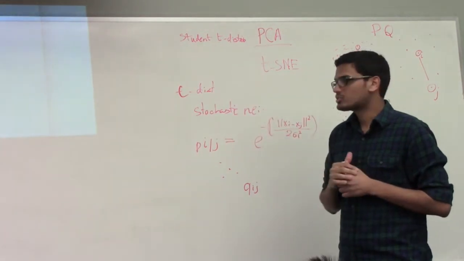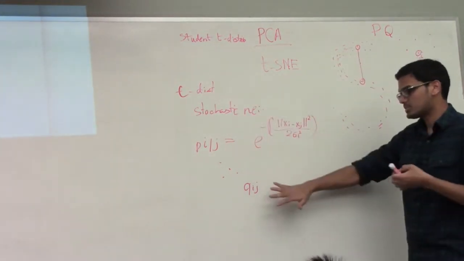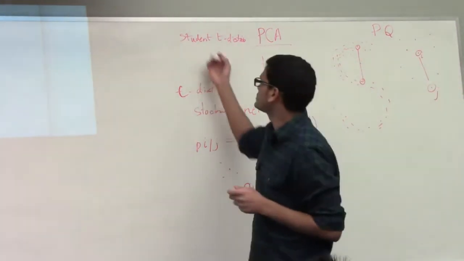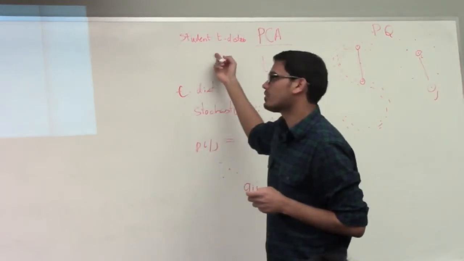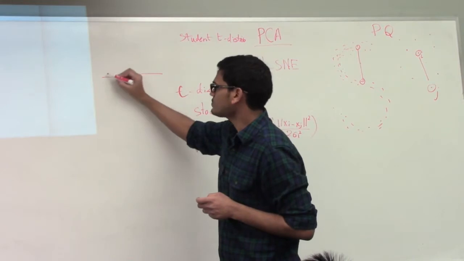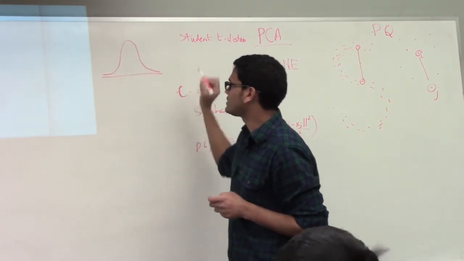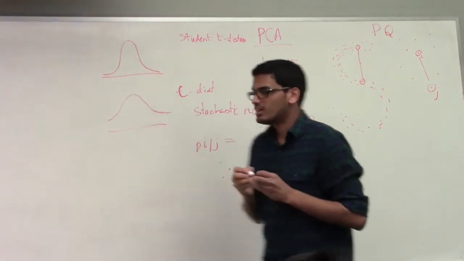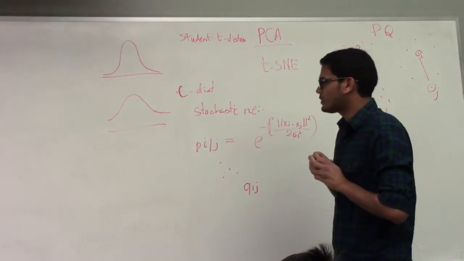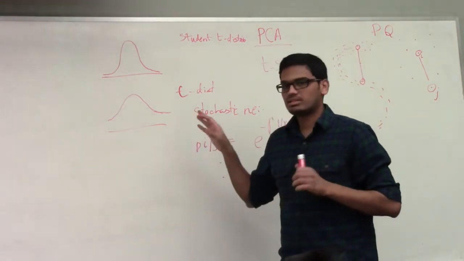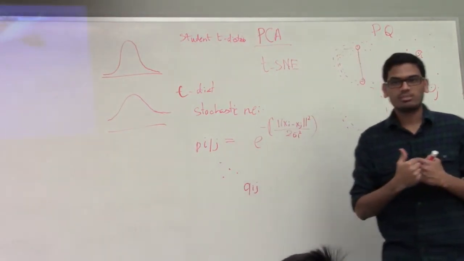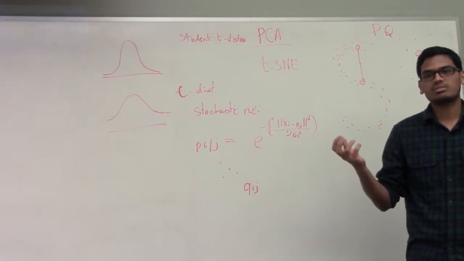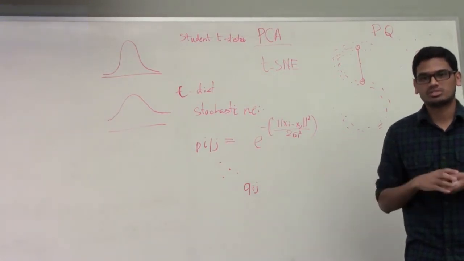I'll explain why they use the Student T distribution, and why in the low dimensional embedding they did not again go with the Gaussian distribution. The difference between the Student T distribution and the Gaussian distribution is the tail. The Gaussian distribution has very sharp tails, whereas the Student T distribution has fat tails. What we want is to keep the points which were far away in the high dimensional space also far away in the low dimensional space.